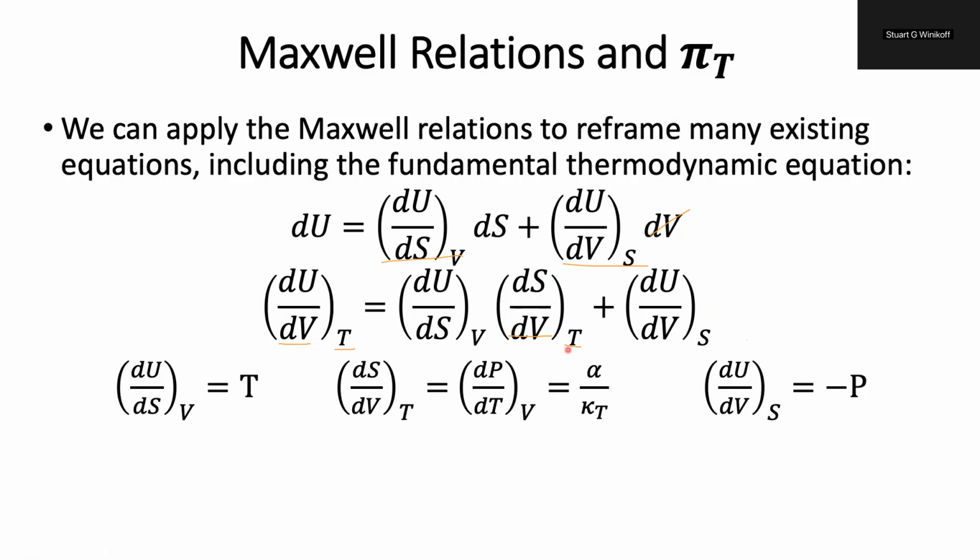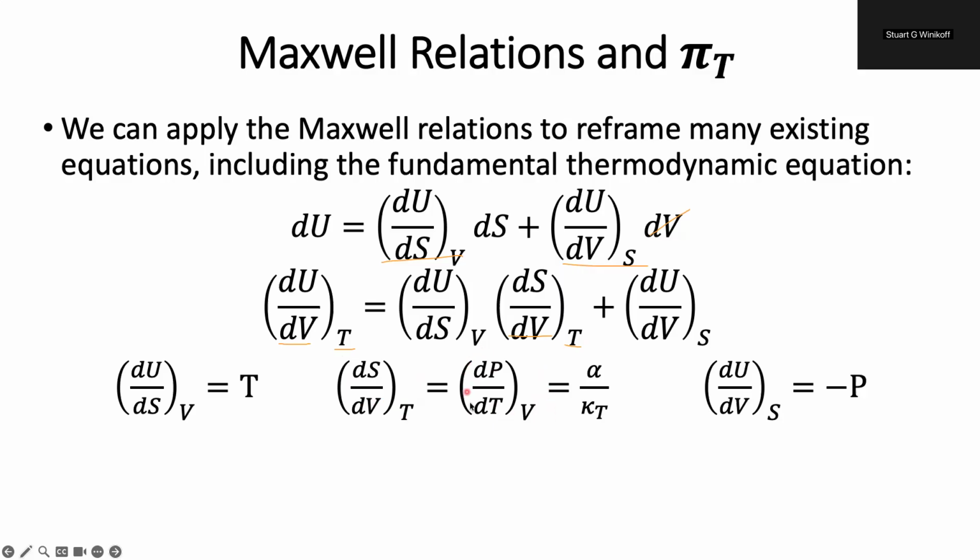Well, now we can go to the Maxwell relationships. And we know that Helmholtz is in between volume and temperature. So I'm going to grab the Maxwell relationship for Helmholtz. Turns out in the Helmholtz expression, we can replace the change in entropy with a change in pressure. And again, that will switch the variables in the bottom.